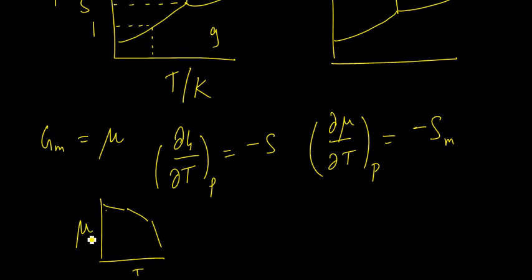So whichever mu is lower, that particular state would be favored. That was the simple idea over there. Because we know that the entropy of gas is large, this slope is large, and the entropy of a solid is the smallest, so this slope is the smallest. This is minus of entropy.